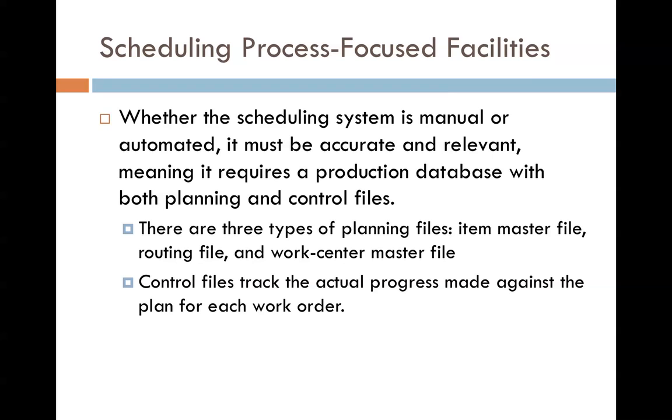It also contains a routing file, which indicates each component's flow through the shop. And it also contains a work center master file, which contains information about the work center, such as capacity and efficiency. Control files track the actual progress made against the plan for each work order.